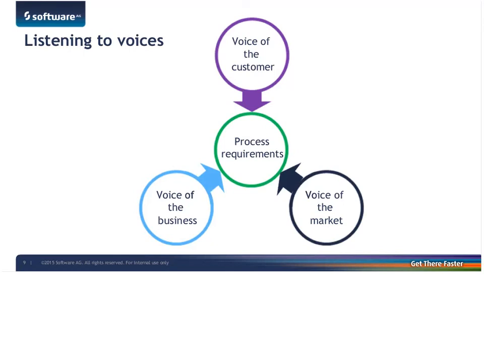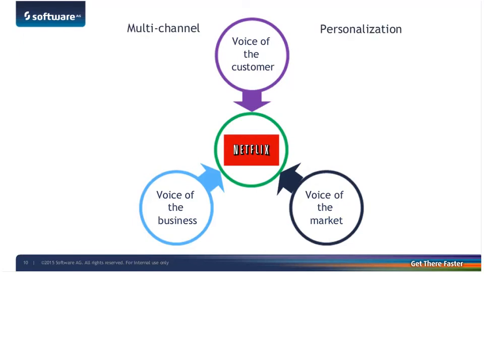Let me now jump back to the Netflix example. And let's see what the voices from Netflix could have looked like. So, the voice of the customer for Netflix. Well, they want multi-channel, which means if they watch a movie, they want to watch it on the TV. But they also want to be able to watch it on their tablet or their mobile phone. So they want multi-channel. They want user ratings because they want to see how others like the movie.